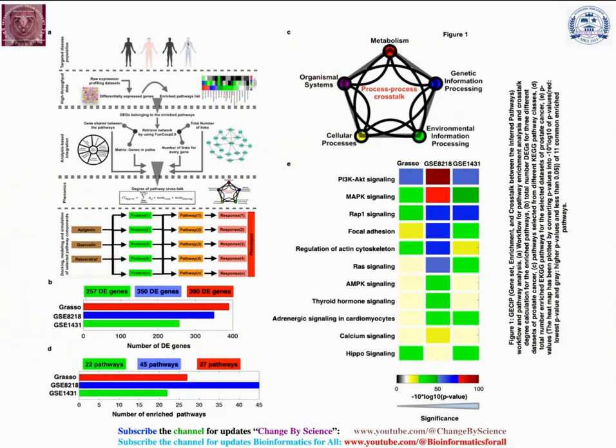And then the third data set for the prostate cancer is 1431. Here again, it has a similar kind of significance value or p-values with the Grasso dataset. But in case of GSE 8218, it shows the maximum significance.